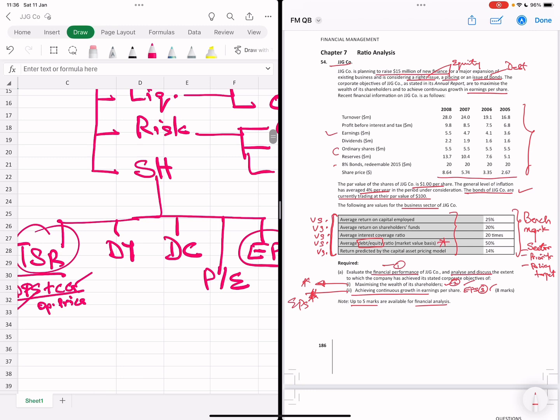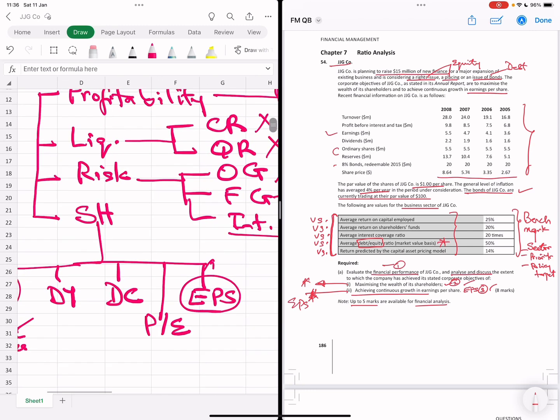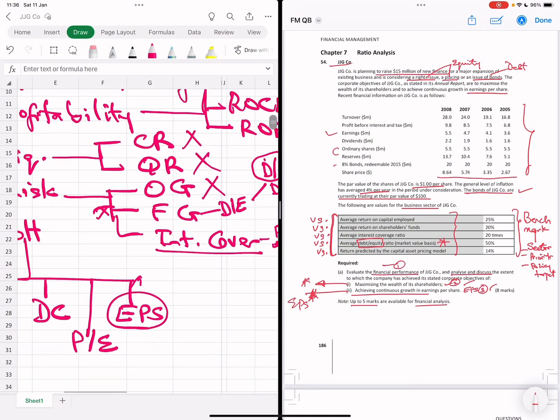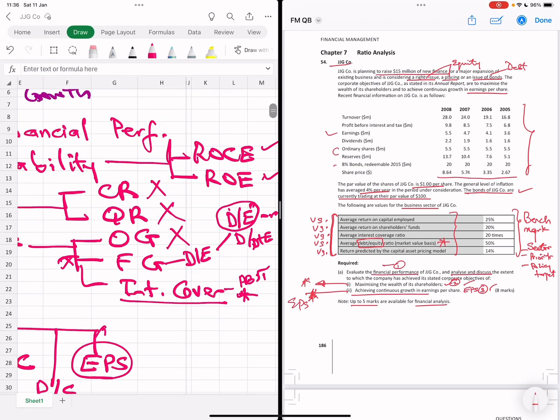So if you take total shareholder ratio here, EPS, enough for shareholders. Then for risk, we can do financial gearing, and for profitability, we'll do ROCE and ROE. That will be enough to score our marks. For 5 marks of financial analysis, we'll be fine with that because we would have done more than 5 ratios anyway.